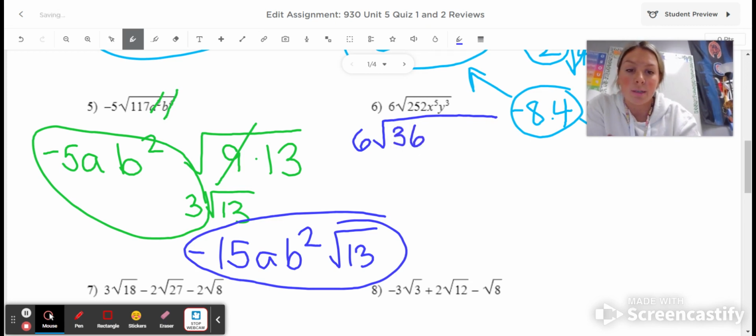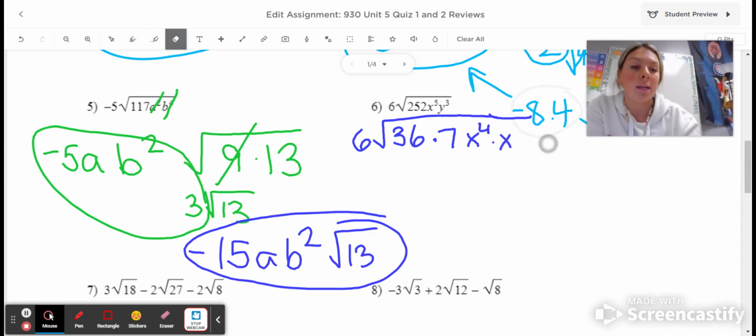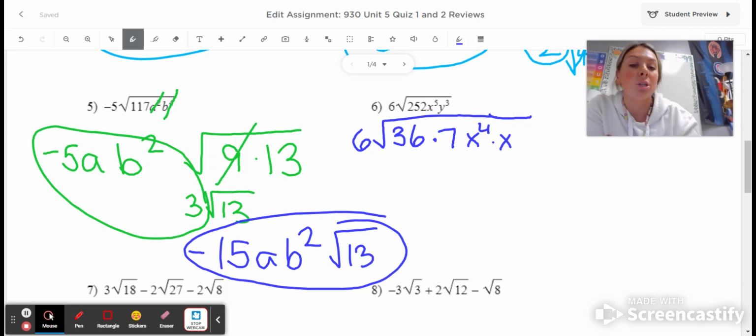So 36 times 7, the square root of 36 is 6. x to the 5th, I'm going to break up with even exponents. I'm breaking off the odd one. So if I break off 1, it's going to be x to the 4th times x. So there's still 5 x's there, but now I just made it so that I can match up my pairs. Okay, now I have y cubed. So I'm going to say y squared times y. So there's still 1 left over.